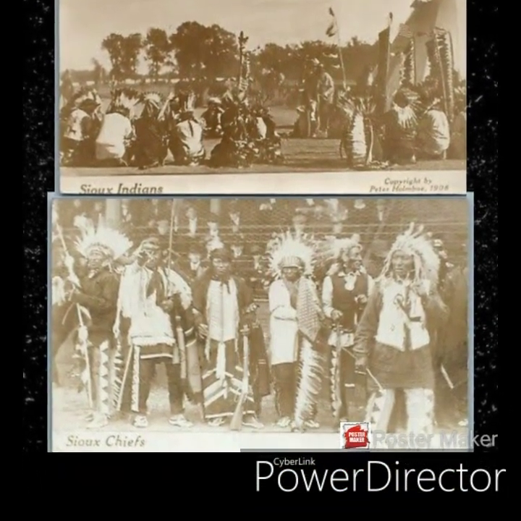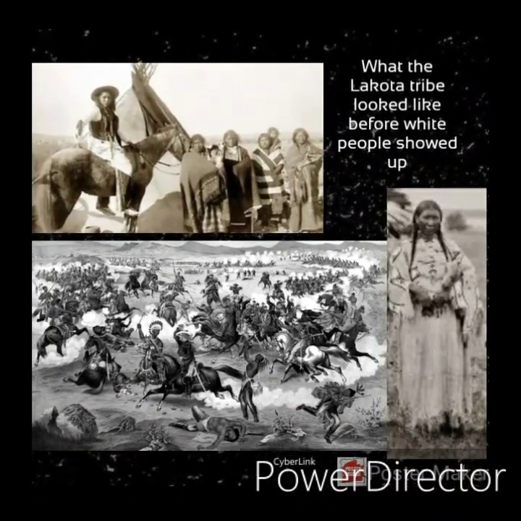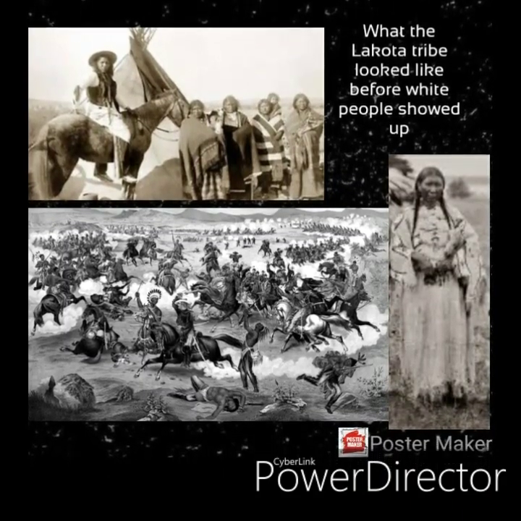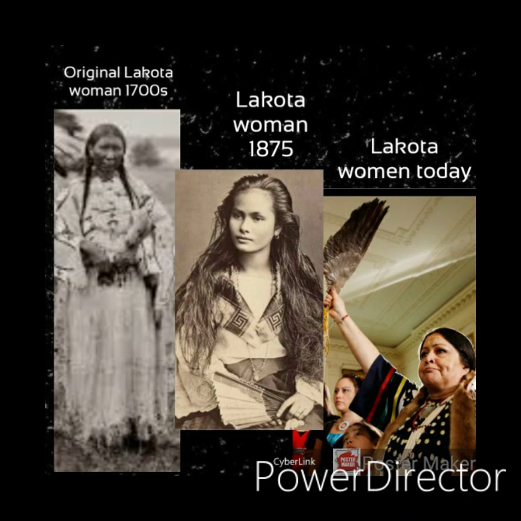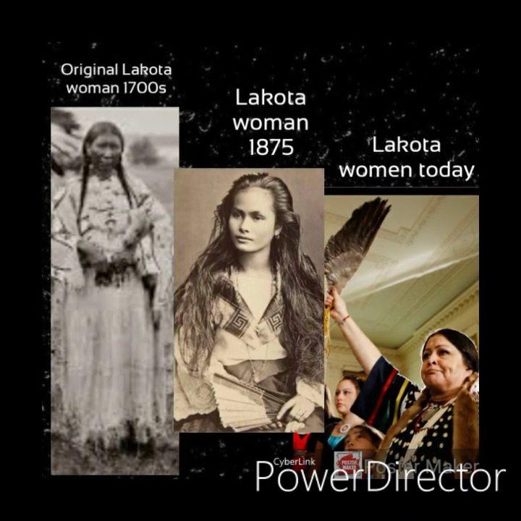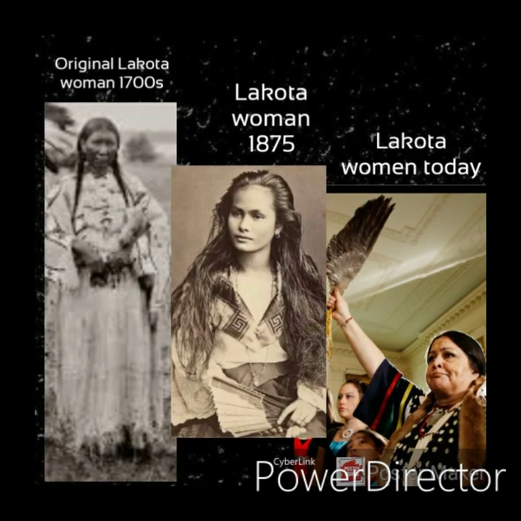Pay close attention to the Lakota woman on the right-hand side. You can see this beautiful dark-skinned Black Lakota woman and what they originally looked like. And by 1875, they were whited out, and now the so-called Lakota tribe today is completely white.